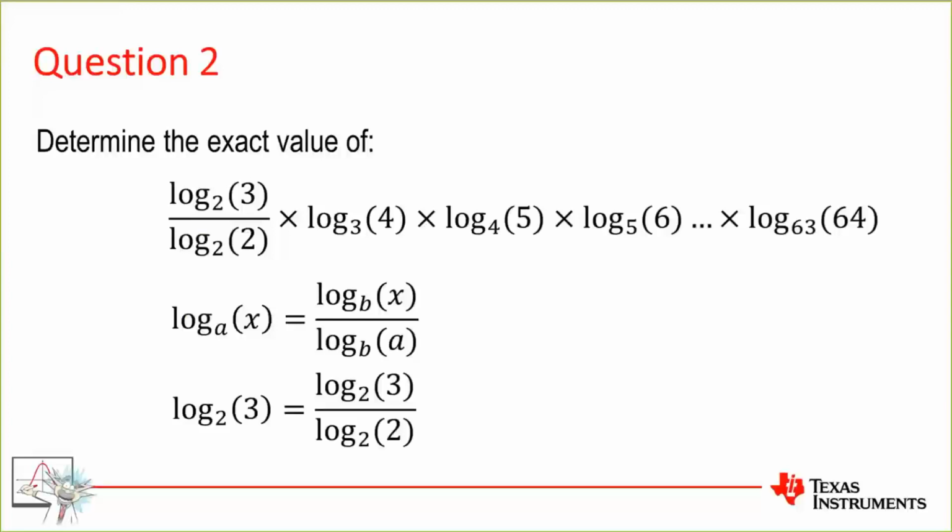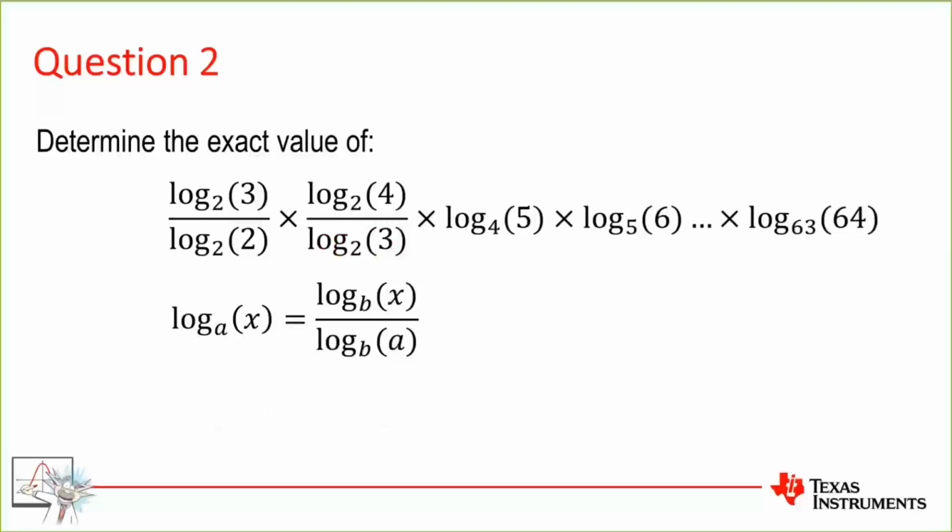So now let's have a look if I change out the next term, log base 3 of 4. Again, I'm just going to use the change of base rule. And I'm sticking with a base of 2, because I'm trying to get all the bases the same. And I can do the same to the third term. And hopefully by now you're starting to see a pattern.